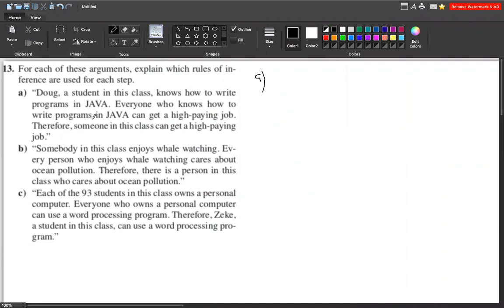Everyone who knows how to write programs in Java can get a high-paying job. Therefore, someone in this class can get a high-paying job.